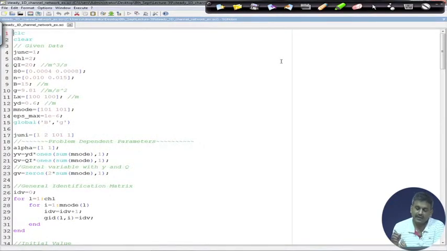So, in this case I have considered the same code and changed that code for this problem.